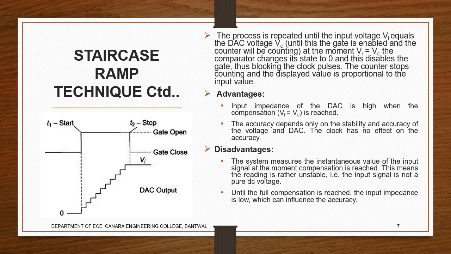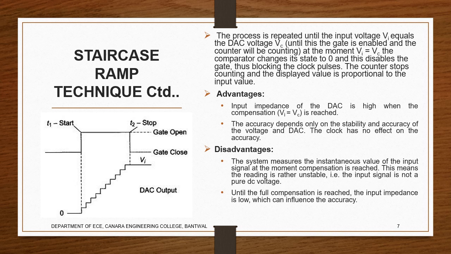Here, the input impedance of the DAC is very high. When they compare, because Vi or Vc is reached or any compensation is there, we need to compare here. The accuracy depends on the stability and the accuracy of the voltage, how stabilized and how perfect the input voltage given to the DAC is.